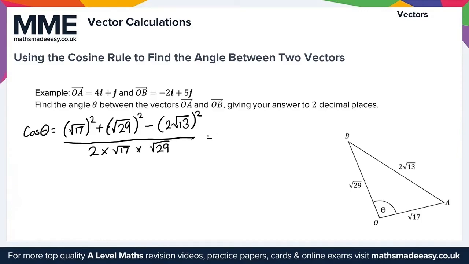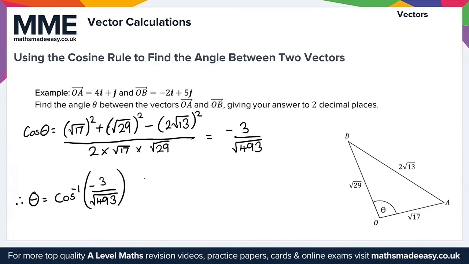All we need to do here is evaluate this on our calculator and then take cos inverse of this. So this gives us minus 3 divided by the square root of 493. Therefore, to evaluate theta here, we do cos inverse of minus 3 over the square root of 493.